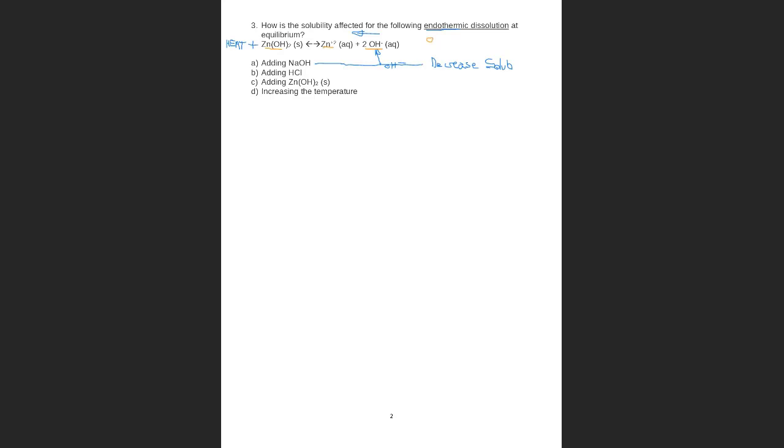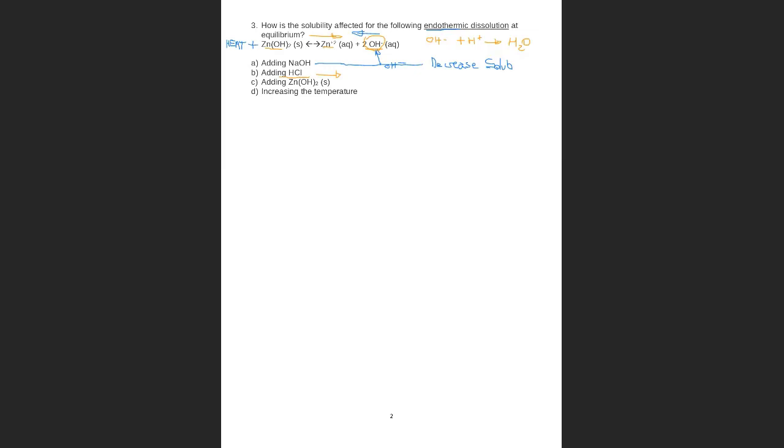Because the hydroxide, always a base, reacts with an acid exactly to make water. So if I add hydrochloric acid, it's going to react with this, and the equilibrium will shift to the right.